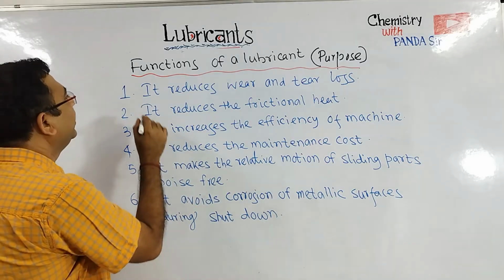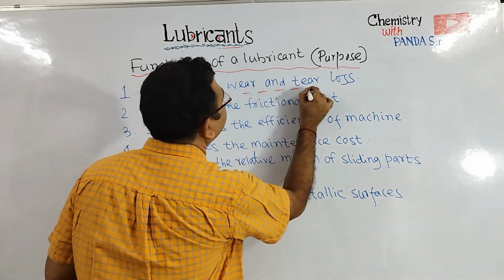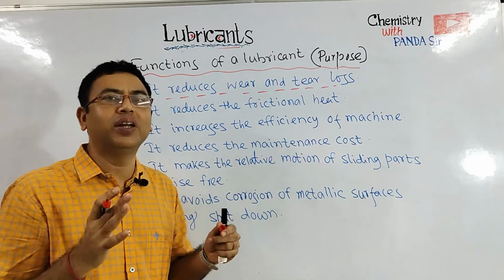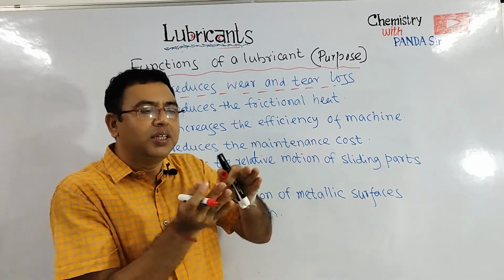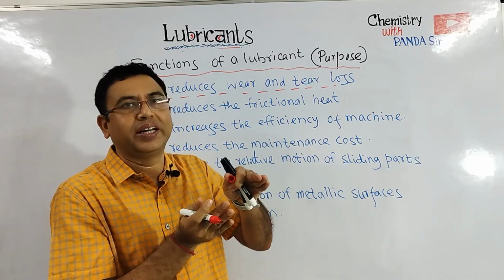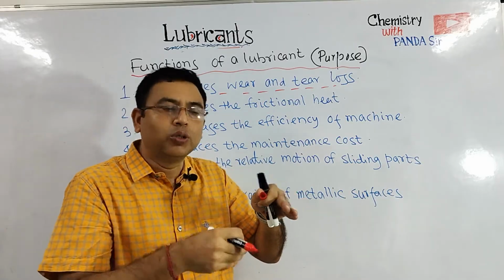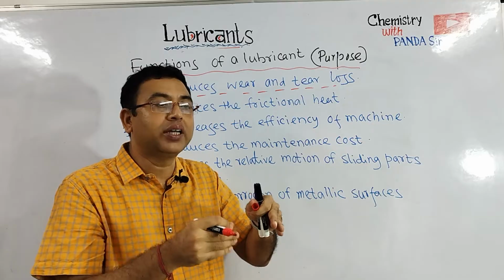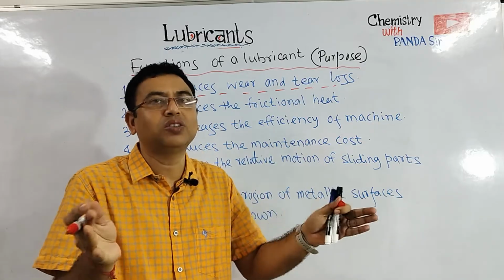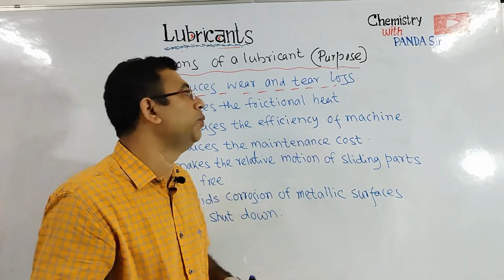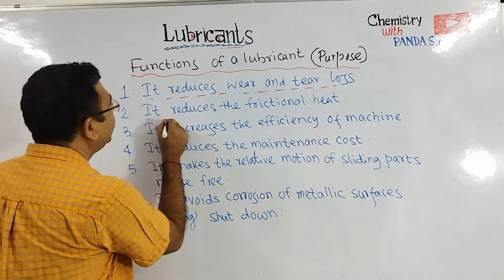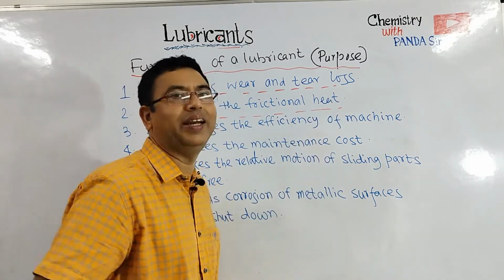So first one, it reduces the wear and tear loss. I hope anyone can understand this, because now there is no direct metal contact. Now between the two metals the lubricant came, so it is metal-lubricant contact, and the chances of mass loss or wear and tear loss will be minimized.